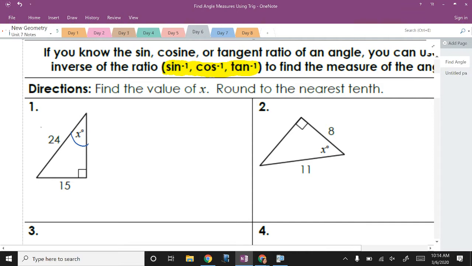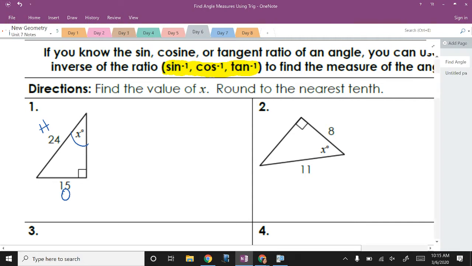The hypotenuse of the entire triangle. And that 15 down there is what? It's opposite from the X. So which one of those from SOHCAHTOA do you think we're going to use? Sine, cosine, or tangent? Sine, because I have an opposite and a hypotenuse. I have the side opposite from my X and the hypotenuse of the whole triangle. So we're going to use sine.